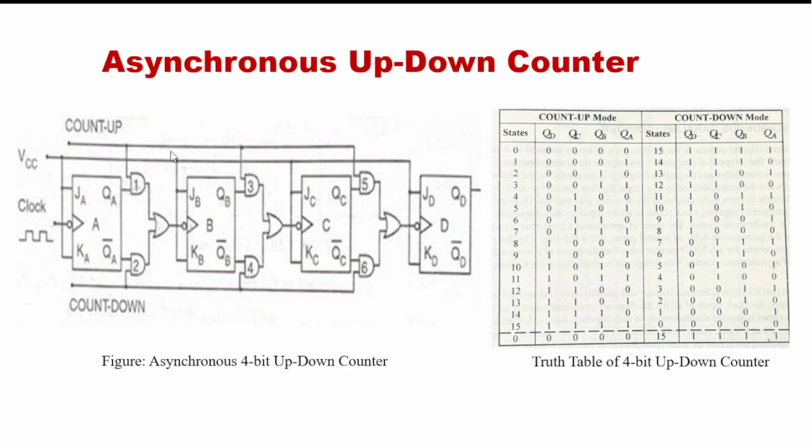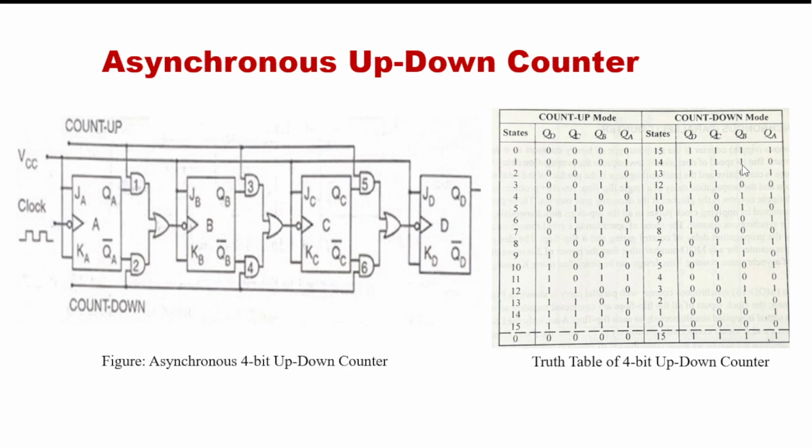Now here is one important thing in this design. You can see that there are 2 lines, the count up and count down line. Count up means the count starts from 0 0 0 0 to 1 1 1 1, and count down means the counting starts from 1 1 1 1 to 0 0 0 0, then again it will start from 1 1 1 1.